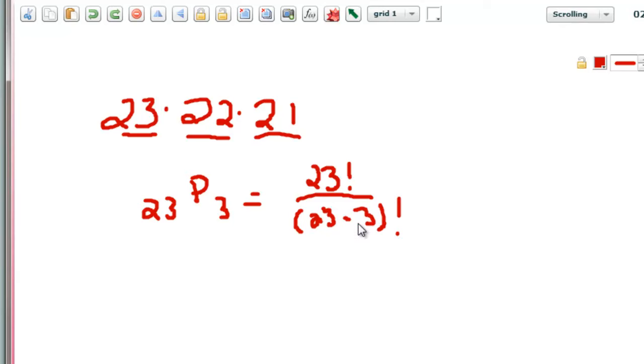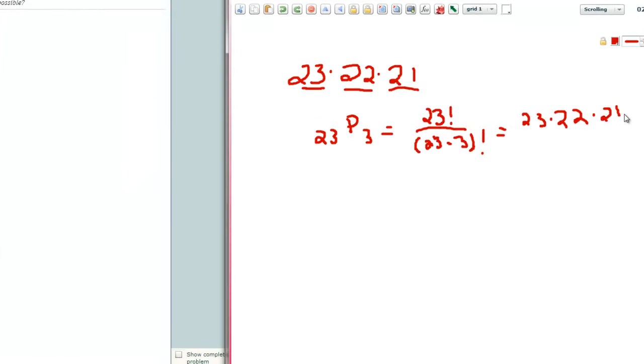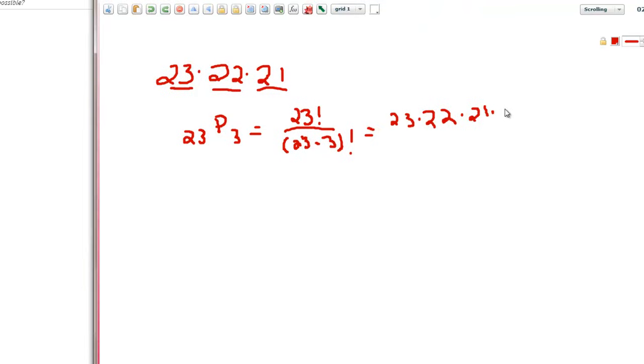And so 23 minus 3 is 20. And so this ends up to be 23 times 22 times 21 times 20 factorial over 20 factorial. So the 20 factorials will cancel, and I'm left with 23 times 22 times 21.